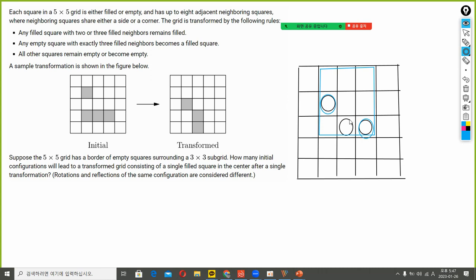So that's the result that we do not want. That means we cannot fill this edge. How about filling the opposite corner like this?